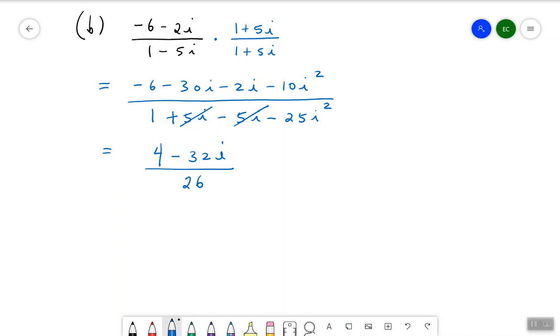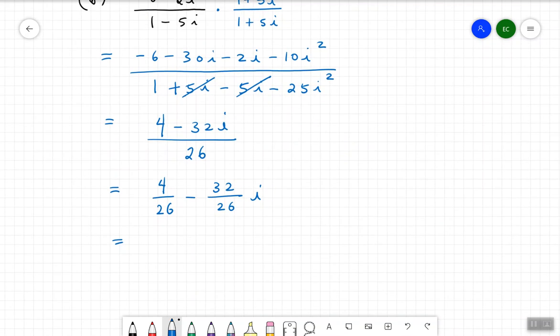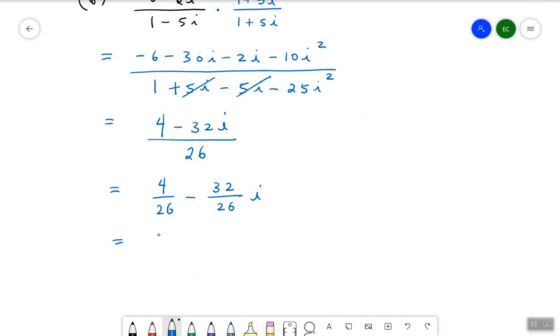So now we know we're doing well because the denominator just has a real number. And so we can distribute that to each term in the numerator. And then we can simplify. 2 into the 4 goes 2 times, 2 into 26 goes 13 times, so we get 2 over 13.